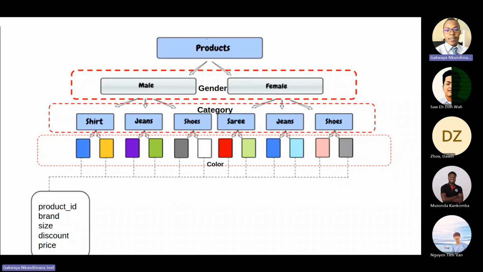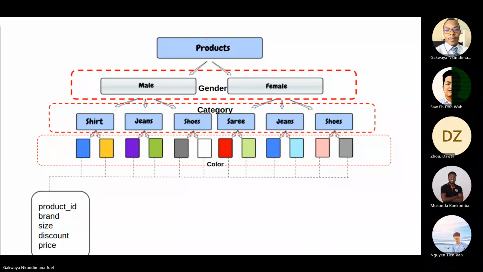So it's a partition of the male. Product is a table, male and female are the columns. You partition based on male and female. Down below, if you consider shirt and jeans to be columns too, then color is going to be a column.